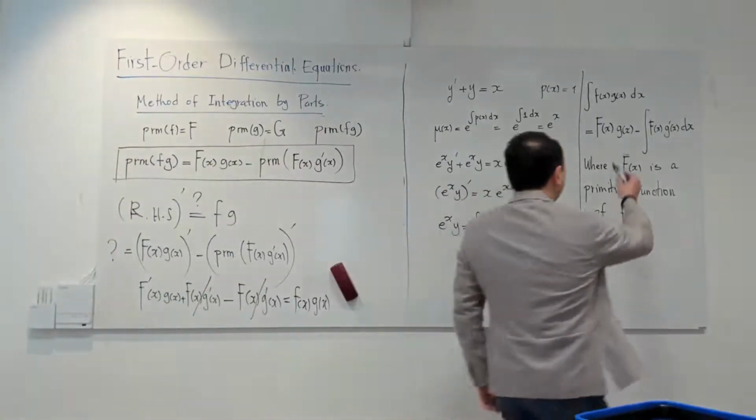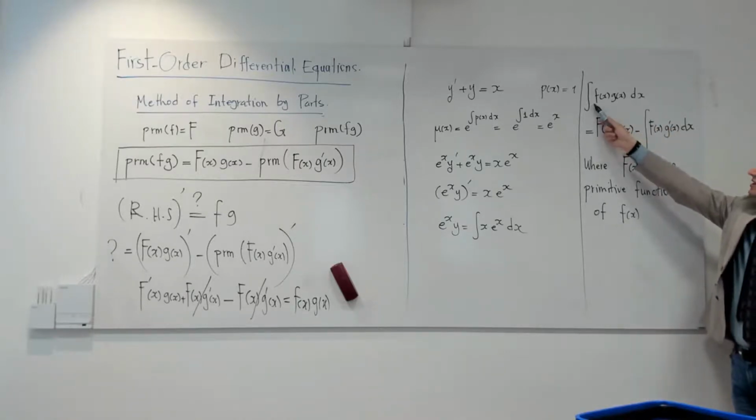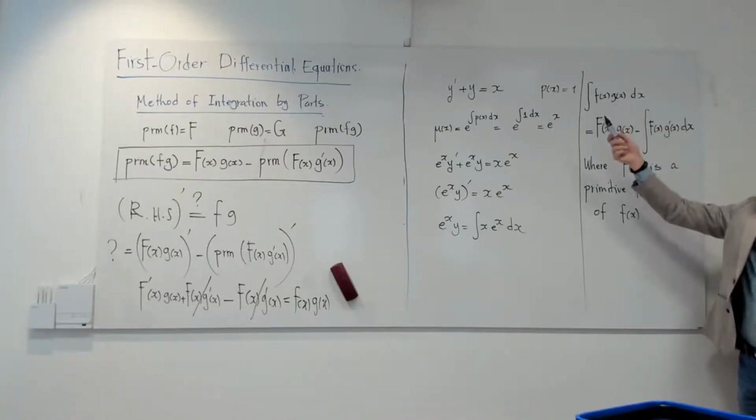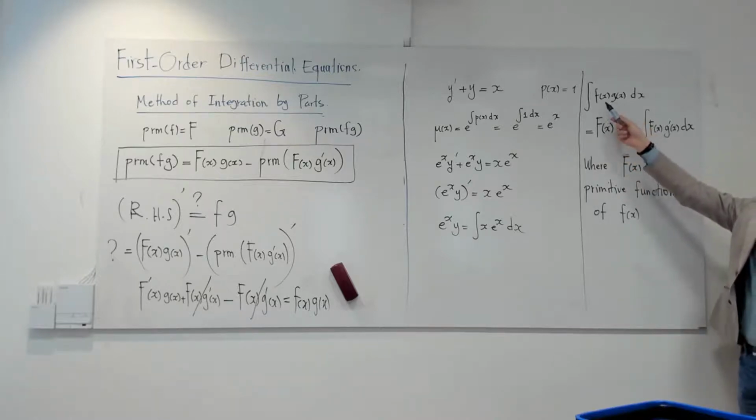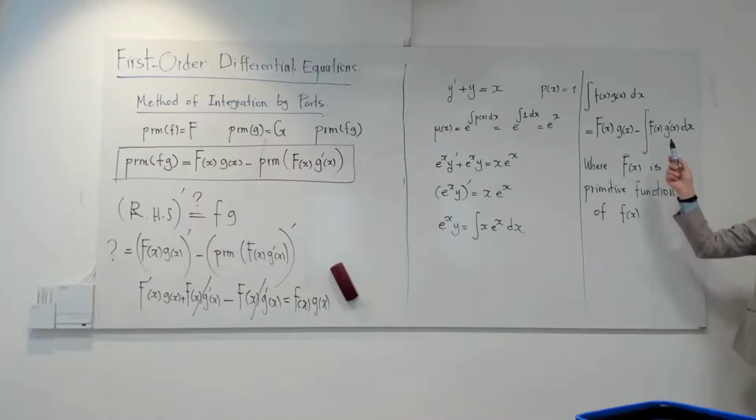So you see that this is not a very nice formula. Why? Because you want to calculate this integral, but you didn't succeed in solving it, so you reduce it to another integral. The logic is not that simple.